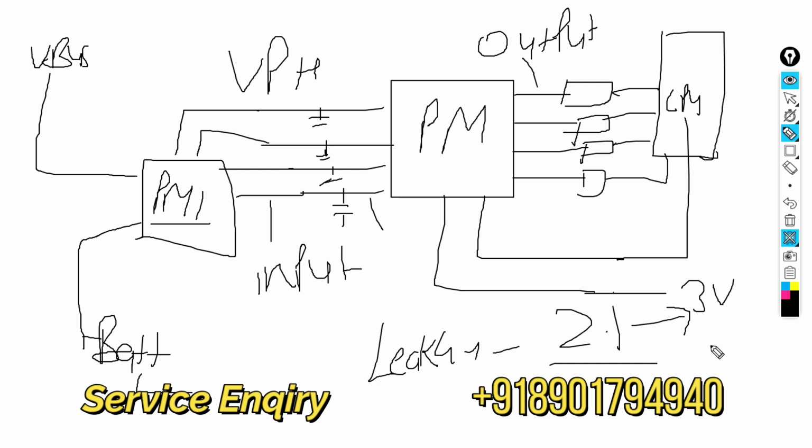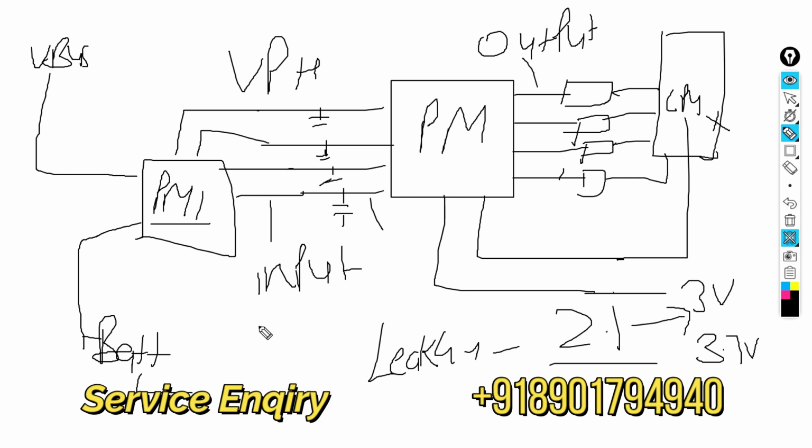Normally we get 3.7 to 4 volts, but a minimum we need is 3 volts. But we get only 2.1 volts on the power IC. So the power IC does not produce the buck lines, the buck lines do not produce, the CPU does not activate, and your phone does not turn on.